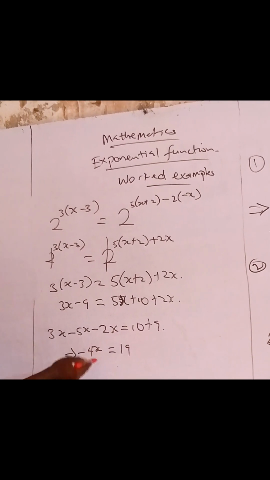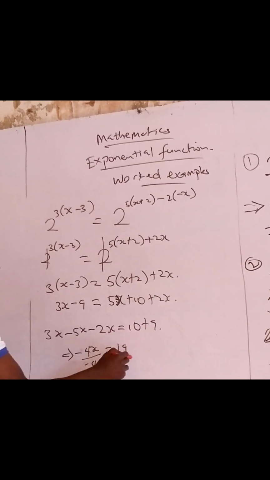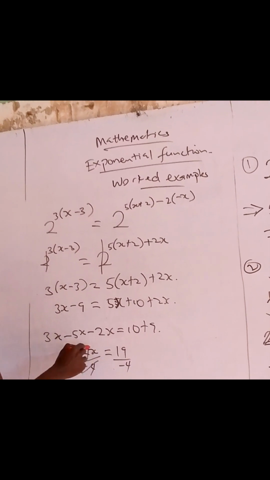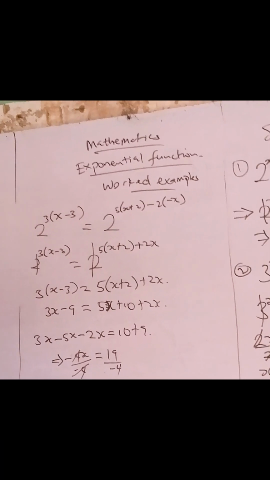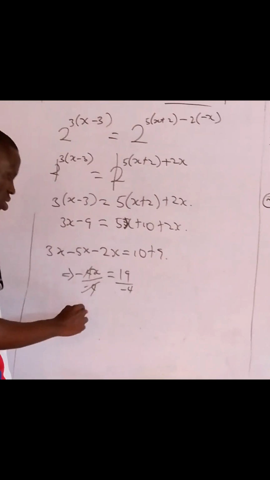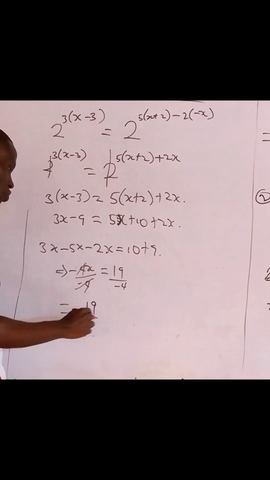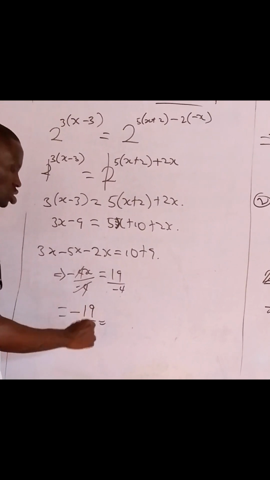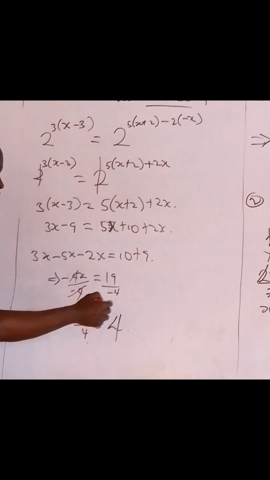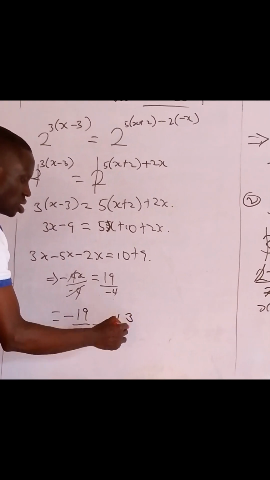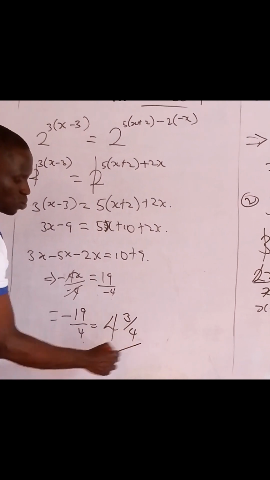So of course we divide both sides by minus 4. So x now will be minus 19 over 4, which is minus 4 and 3 over 4, since 4 times 4 is 16, and 19 minus 16 is 3.